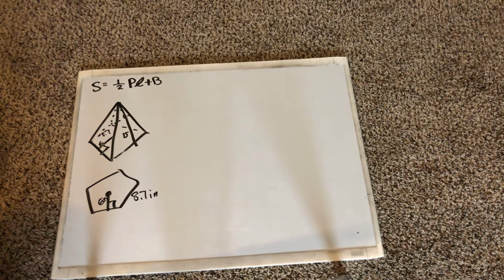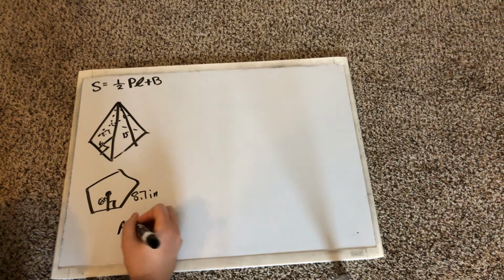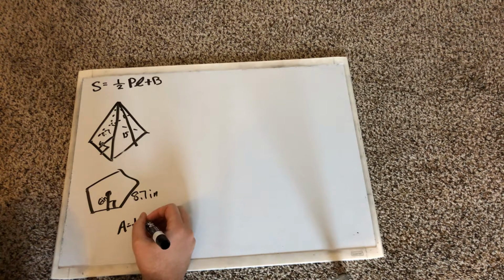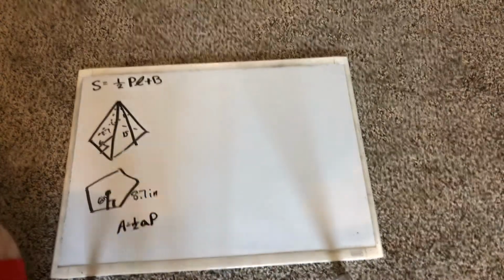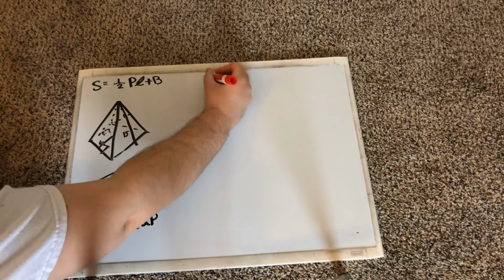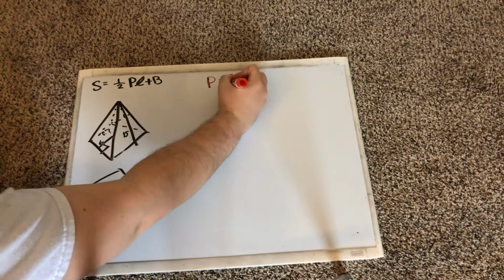Okay, so if we remember the area of a regular polygon, the area is 1/2 times the apothem times the perimeter. So let's figure this out, and I'm going to do this on the side. The perimeter of the base is just 8.7 times 5.